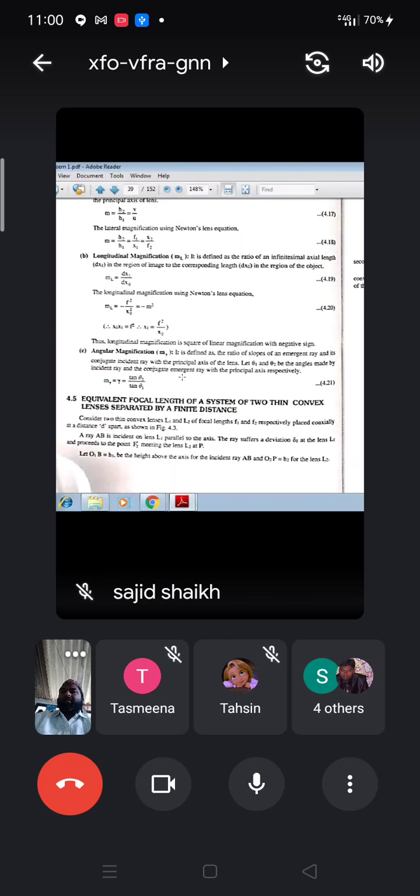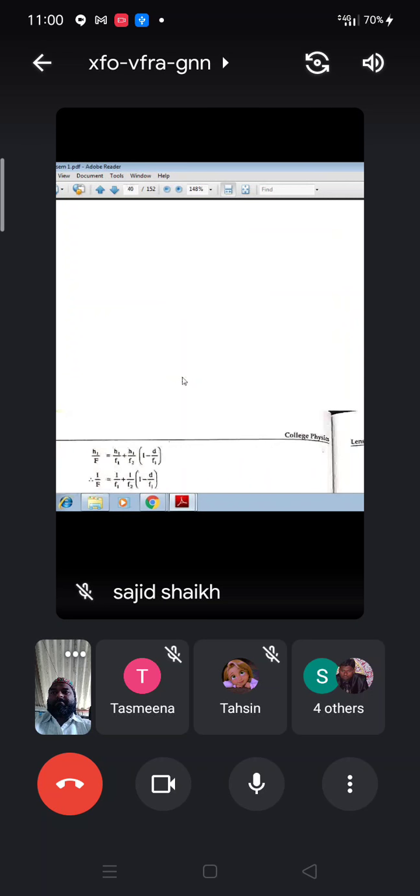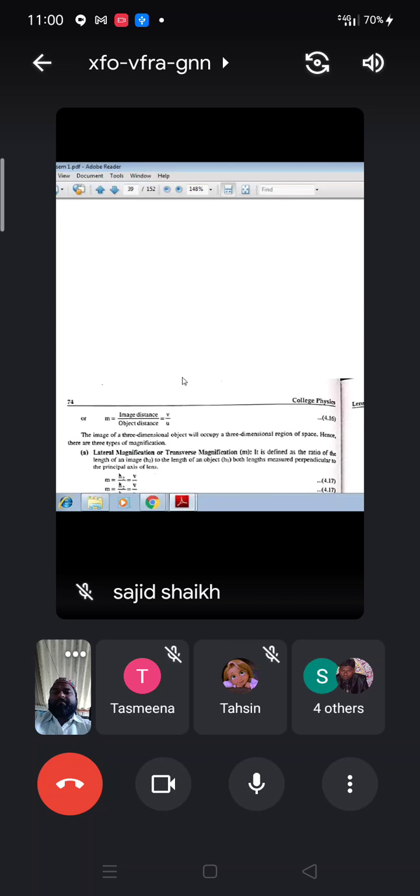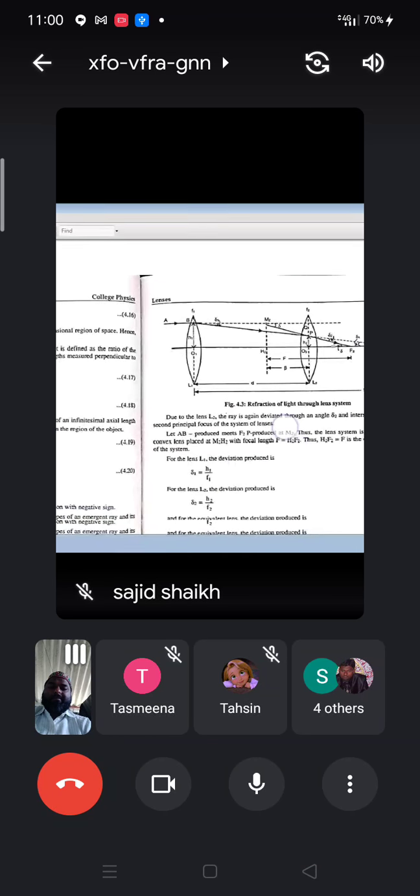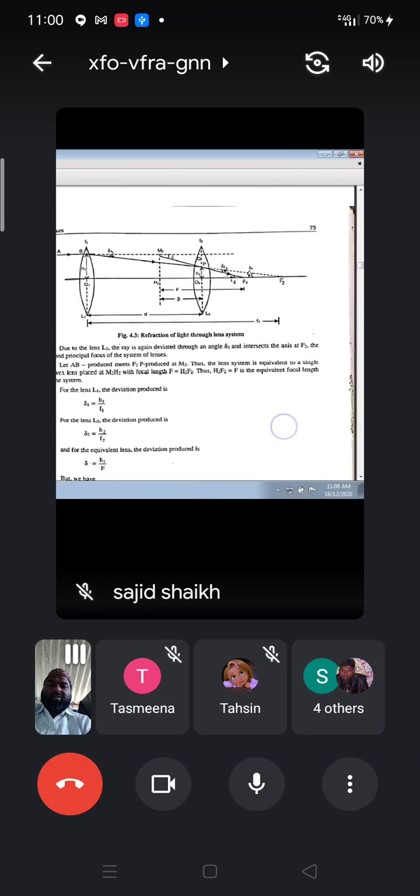Then the equivalent focal length of a system of two thin convex lenses separated by a finite distance. Directly we can come to the formula. Here we have to consider two convex lenses. In the diagram you can see here, this diagram is for this particular topic.